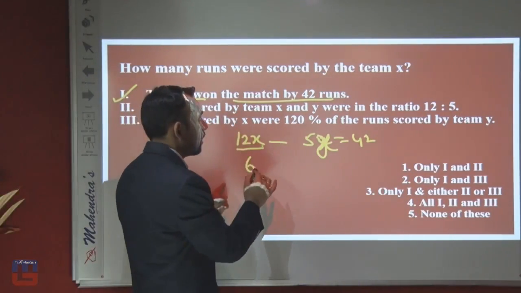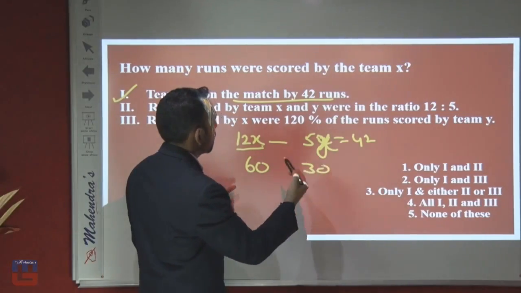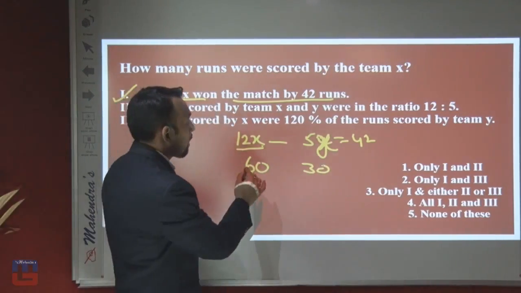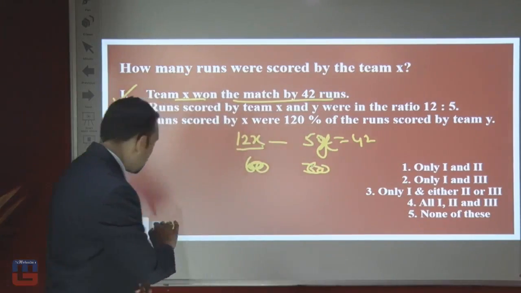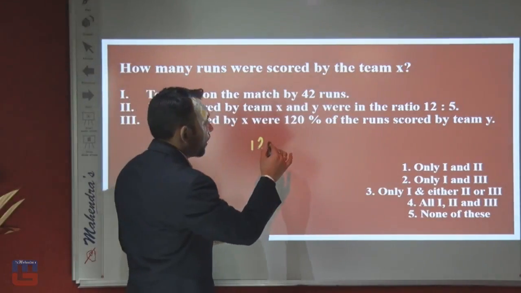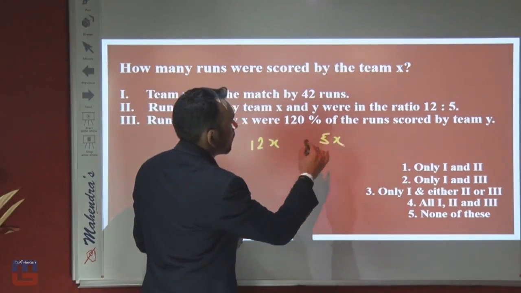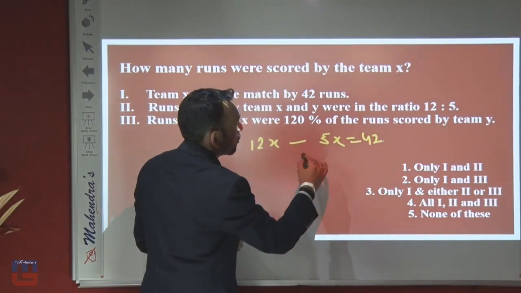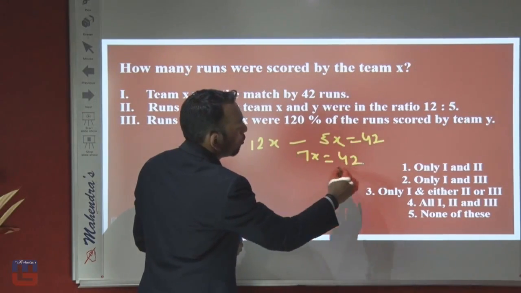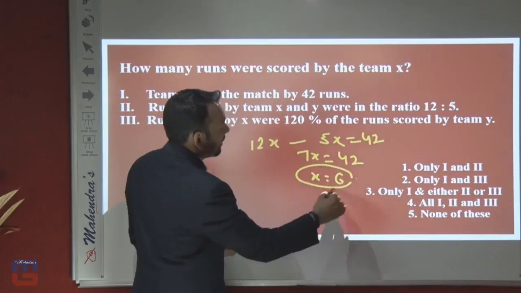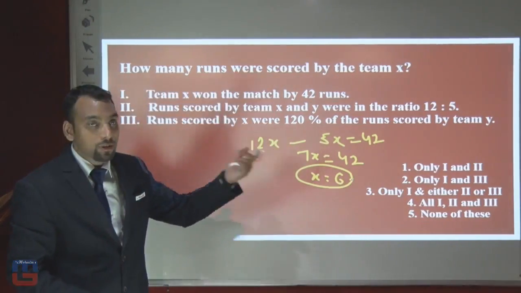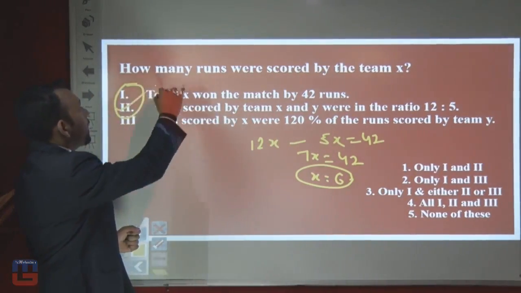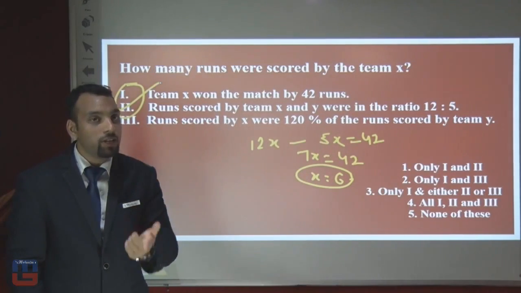So this is 72, and this is 30. Difference is 42, so 7x will be 42, x will be equal to 6. So these two statements are sufficient to give the answer.